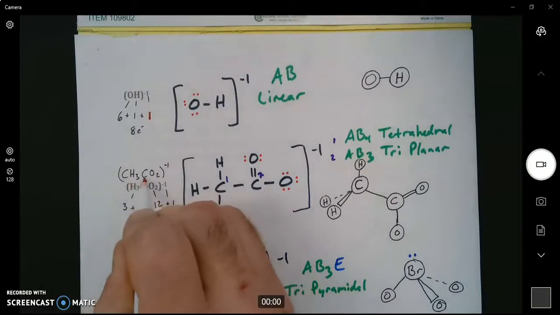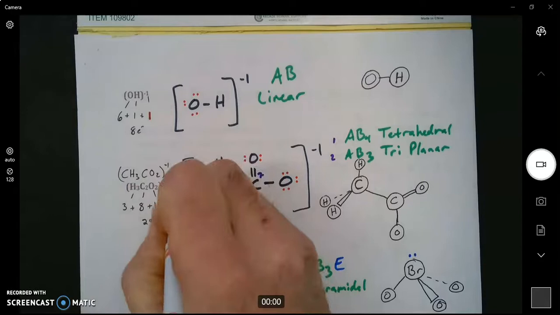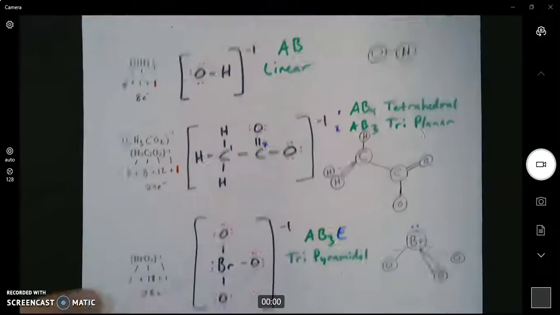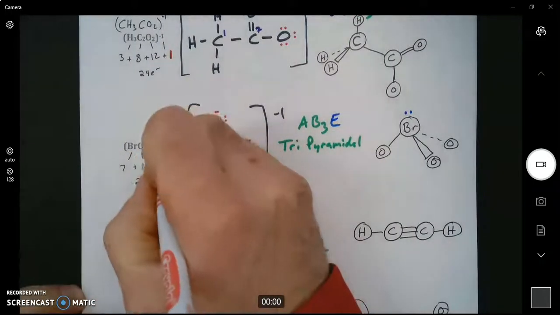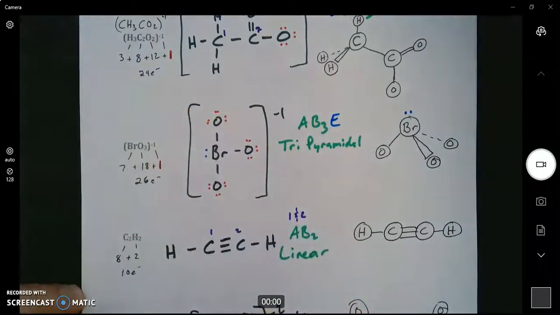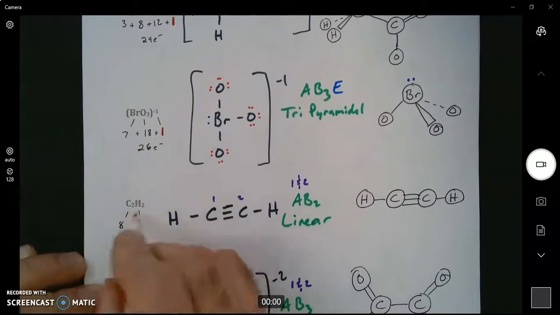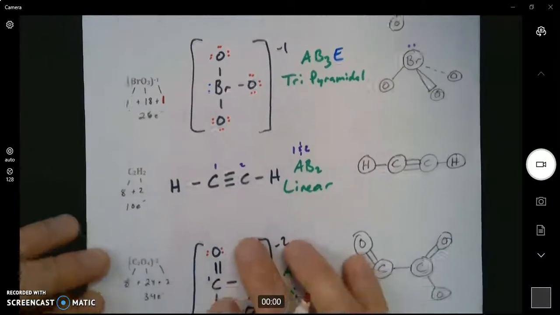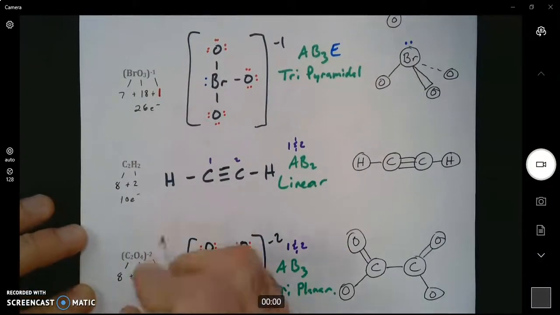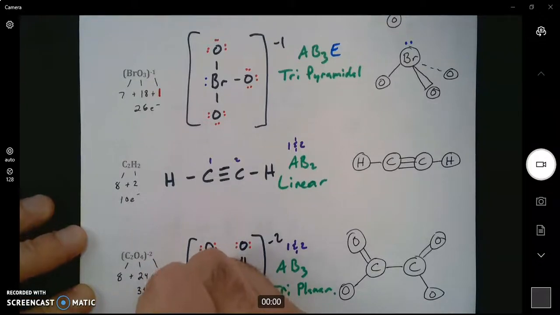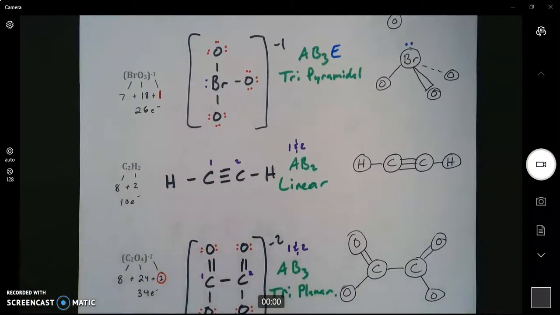The CH3CO2 minus 1 adds the 1 electron. The BrO3 minus 1 adds the 1 electron. The C2H2, no charge, we'll come back to that in a second. The C2O4 minus 2 is going to add 2 electrons to our total.